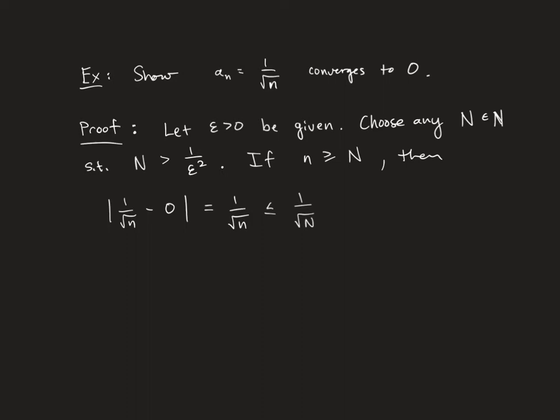And then similarly, big N is bigger than 1 over epsilon squared. That means the square root of big N is bigger than 1 over epsilon, and so 1 over the square root of big N is less than epsilon itself. So this is less than epsilon. Okay, so that finishes the proof.